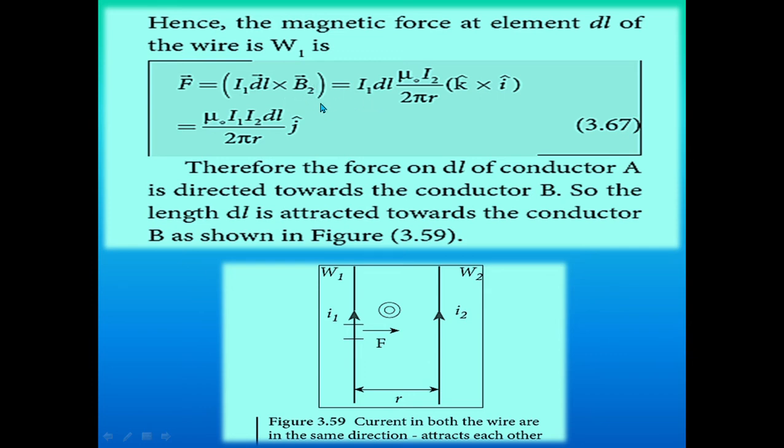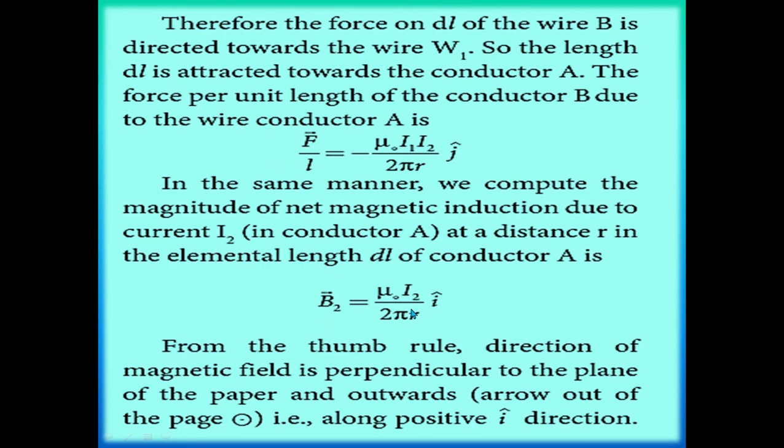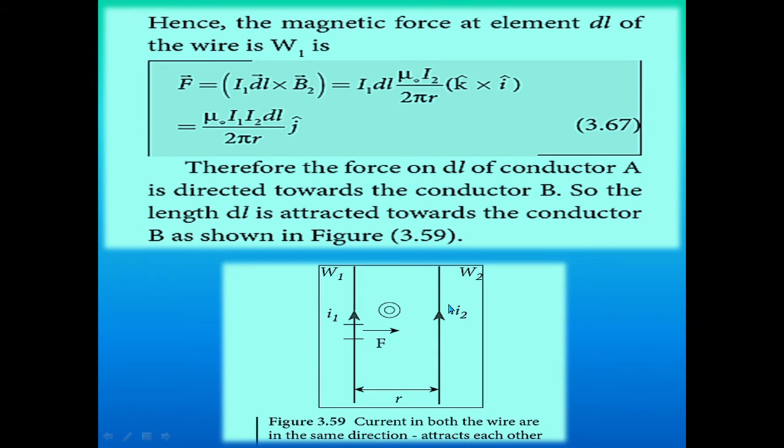What is the formula for B2? B2 is nothing but mu naught I2 divided by 2 pi r into i cap. Substituting the value of B2, we obtain I1 dl into mu naught I2 divided by 2 pi r into k cap cross i cap. So k cap cross i cap is nothing but j cap. So the equation can be written as mu naught I1 I2 dl divided by 2 pi r into j cap.